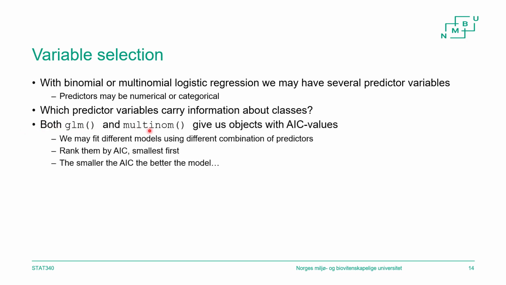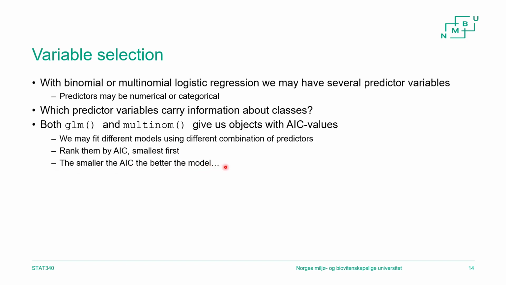So both GLM and multinom give us these AIC values that we saw briefly, and that gives us an opportunity for starting to make variable selection, because we can, at least in principle, fit different models using different combinations of predictors and then rank them by this AIC, the smallest first, of course, because we know that the smaller the AIC, the better the model.